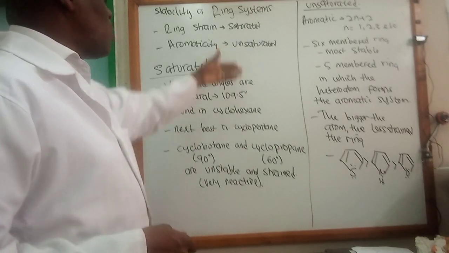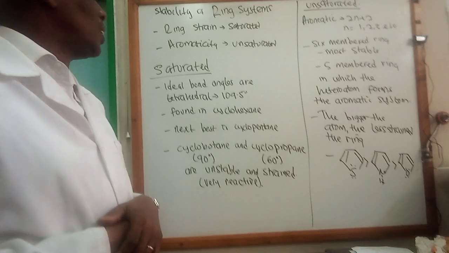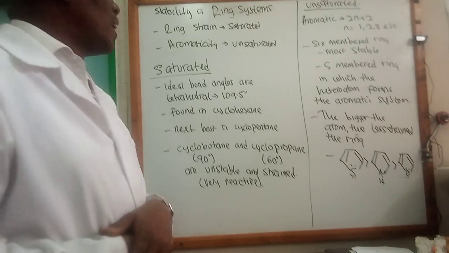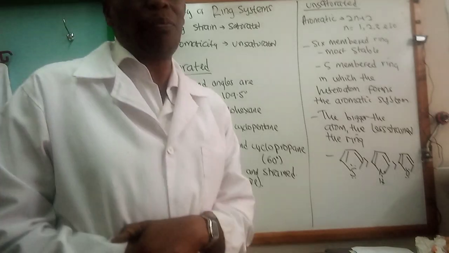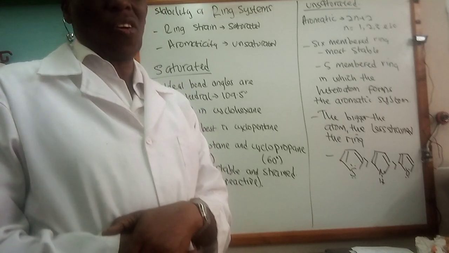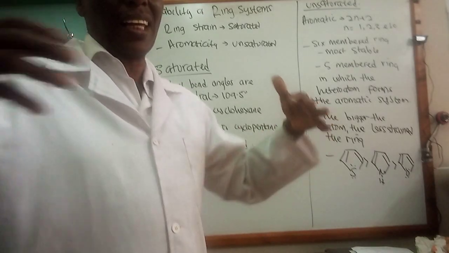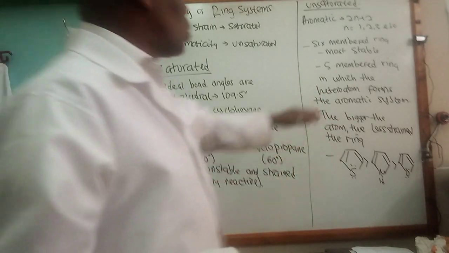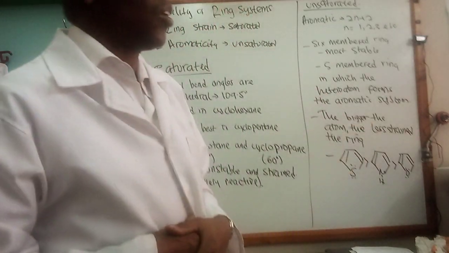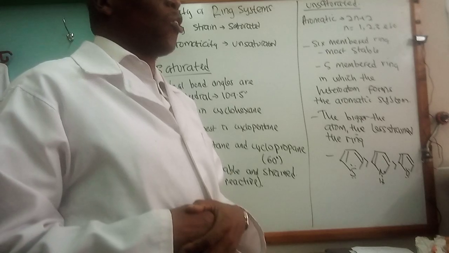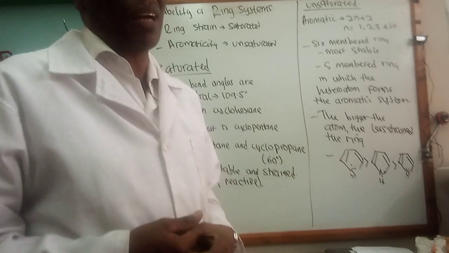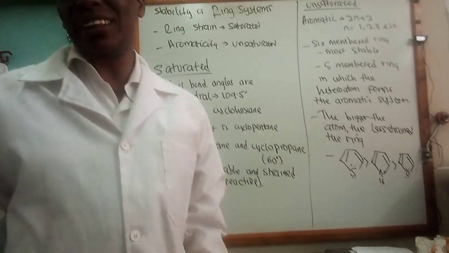And then when you're talking about unsaturated ring systems, we'll be talking about a ring system being either aromatic or non-aromatic. It means that you're not having 2n plus 2 pi electrons, or on the other side, you could be talking about something which you call anti-aromatic.